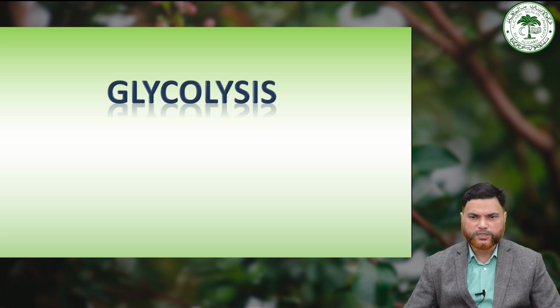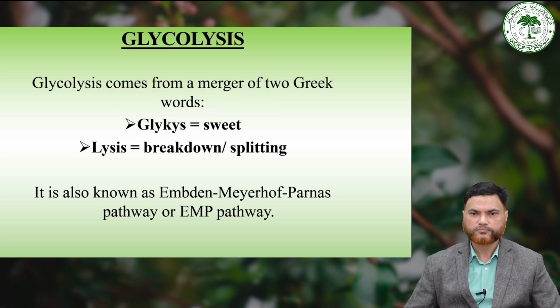And the main objective is to convert one glucose molecule into 2 molecules of pyruvate, which is a 3 carbon compound. And the main motive of this breakdown of glucose is, of course, to extract energy in the form of ATP to carry out various cellular functions.